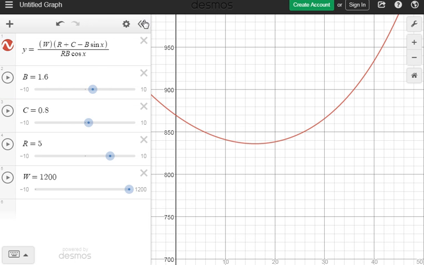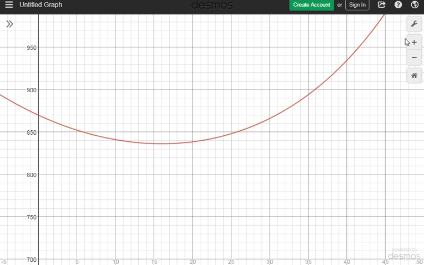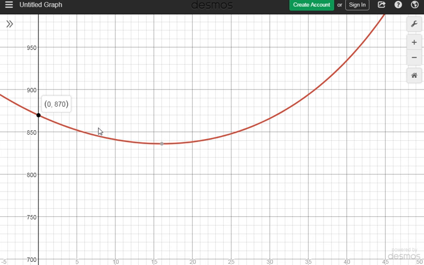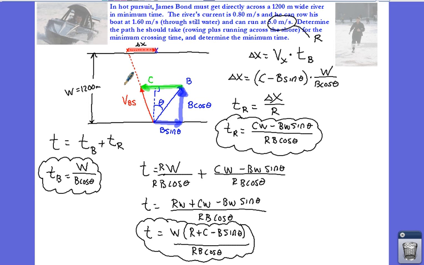Now, these windows are already set up for us. If you recall, I think we did this in class when we determined how long it would take if he just went right across the river, so angled his boat at 0 degrees, heading straight across. He would have been pulled downstream quite a bit further, and then he would have had to run back up the shore to get to that point.